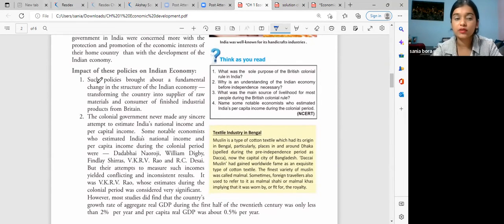First, the impact: the policies brought a fundamental change in the structure of the Indian economy, transforming India into a supplier of raw material and consumer of finished goods. And second, the colonial government never made any sincere attempt to estimate Indian national income and per capita income. Because of that, India always remained underdeveloped. Clear? You have to write this line here: because of that, India remained underdeveloped. Clear?